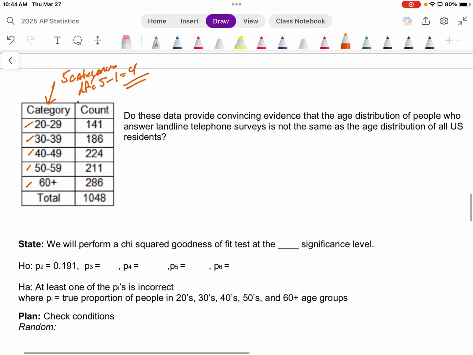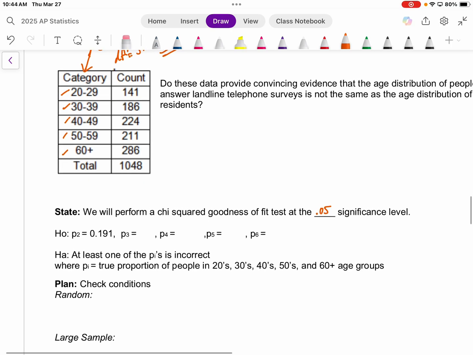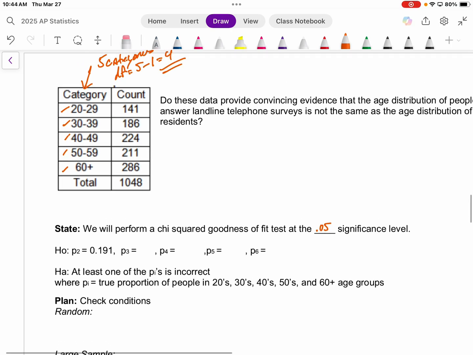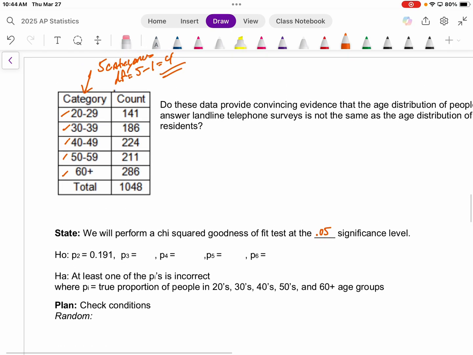Now, in our statement phase, we will perform a chi-squared goodness of fit test at the 5%, so 0.05, significance level. In our null hypothesis, we're going to write each one of those, P2, 3, 4, 5, and 6, and then we have to define what those are.